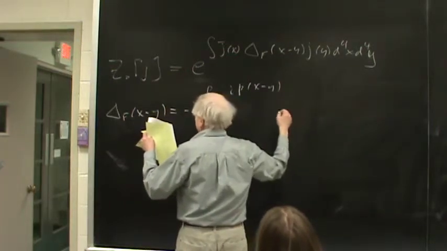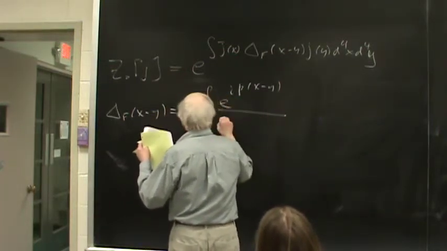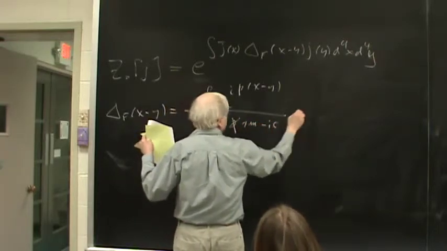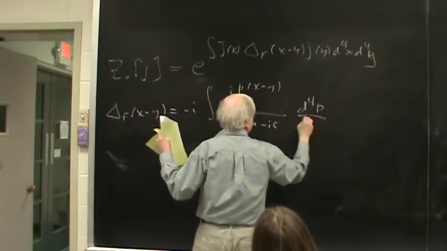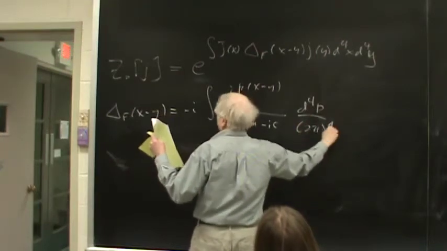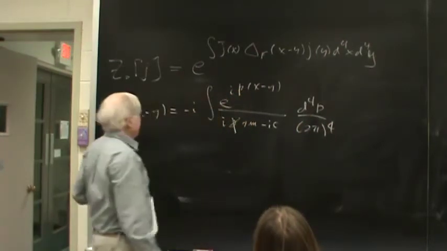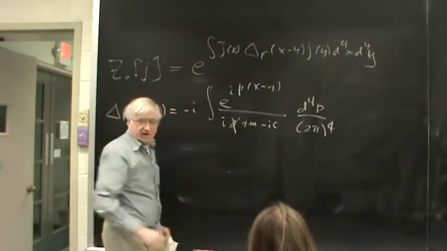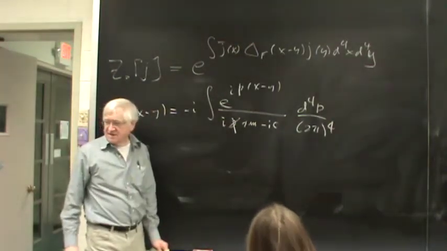So this is doing the Fourier transform backwards, and then we have i p-slash plus m minus i epsilon, d^4p over (2 pi)^4 there. And now this looks a little bit funny, and it is a little bit funny.